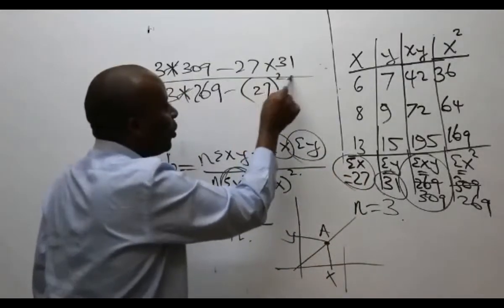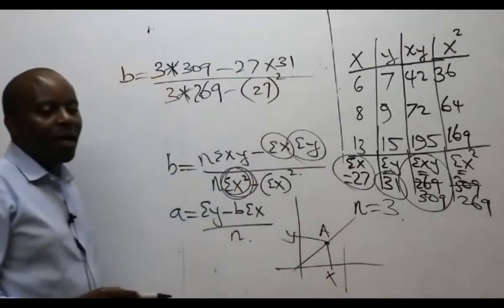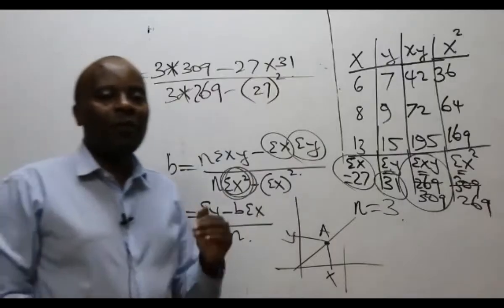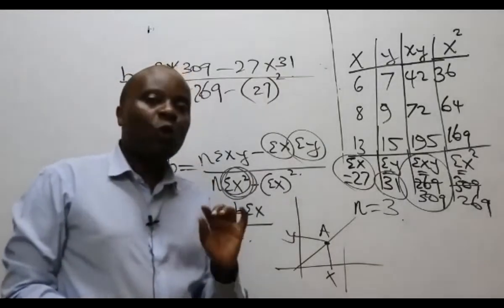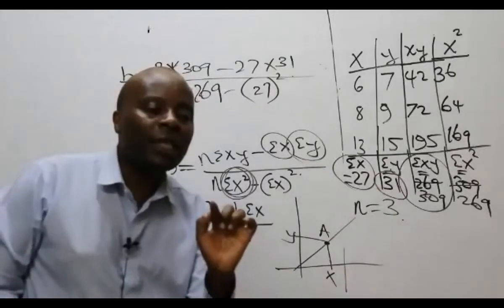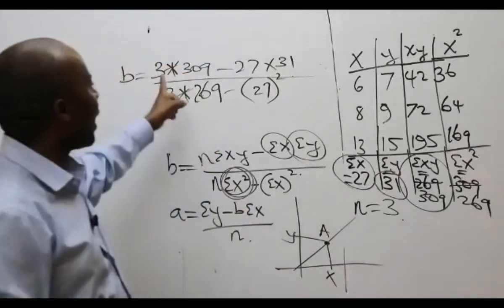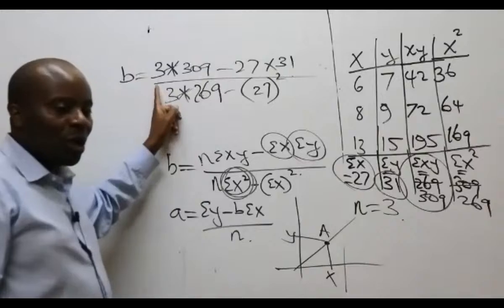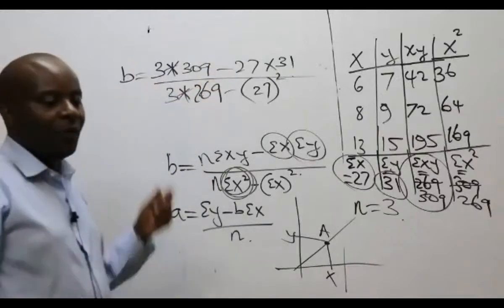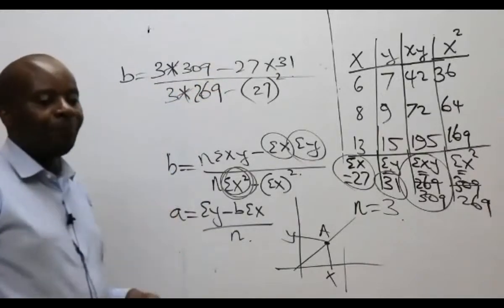And then outside the bracket, we square. Could you kindly do me a big favor and give me the value of the numerator? Please, using your calculator, give me the value of the numerator.